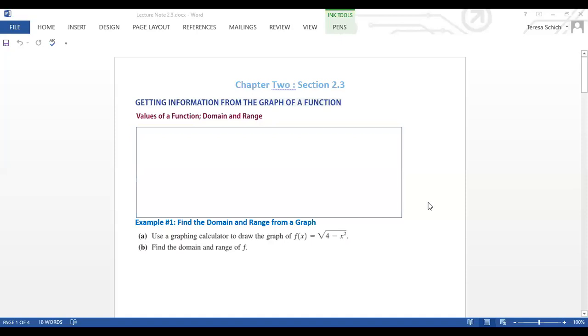Okay, so this is section 2.3. The main thing we want to do here is get information from the graph of a function.